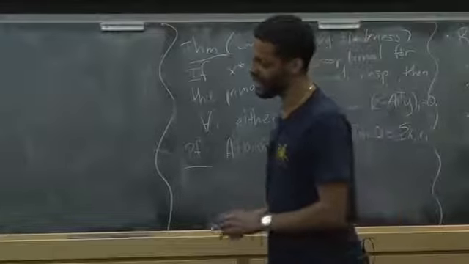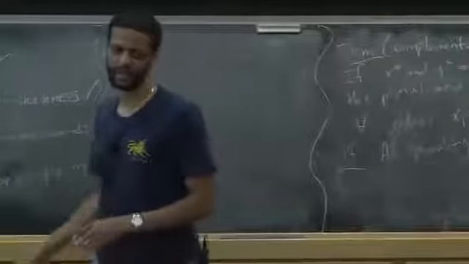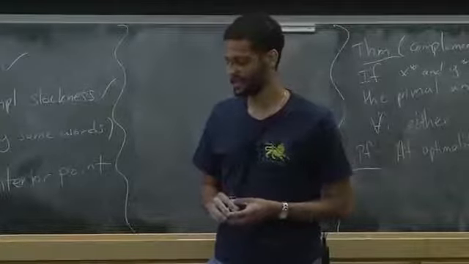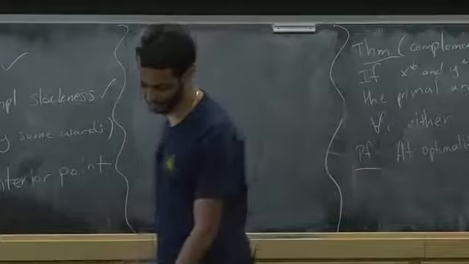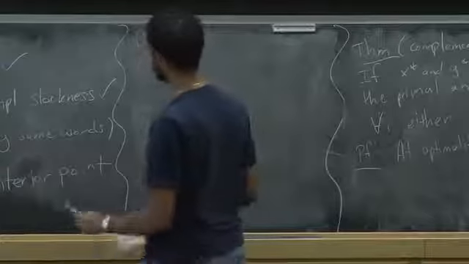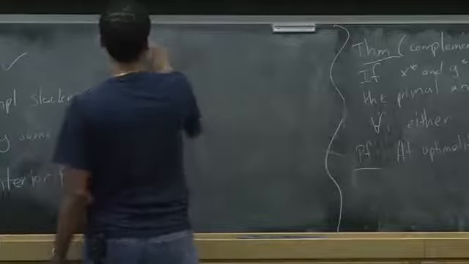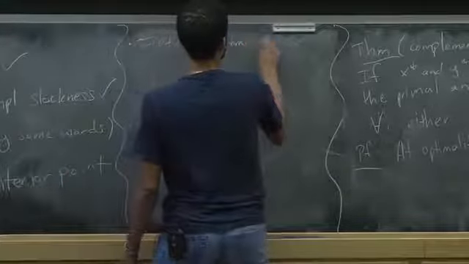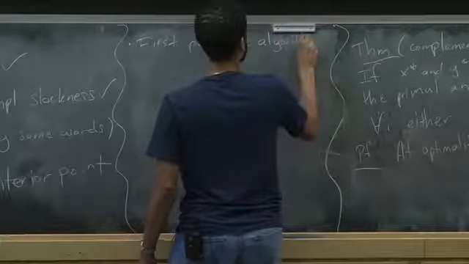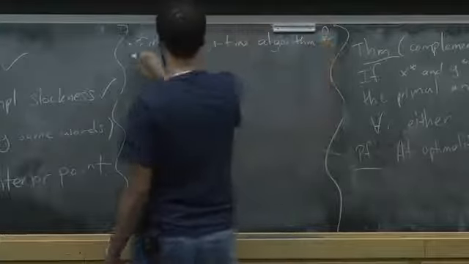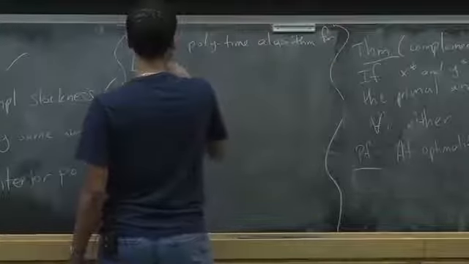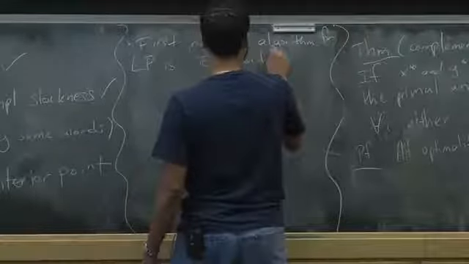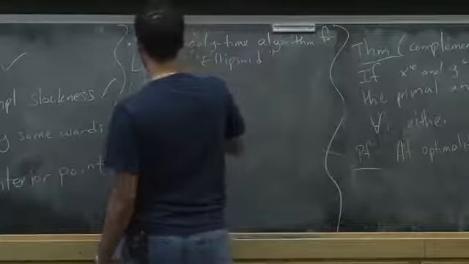But the first provably polynomial time algorithm for linear programming was also in the 70s, due to Khachiyan. So the first polytime algorithm for LP is ellipsoid, and that's due to Khachiyan.